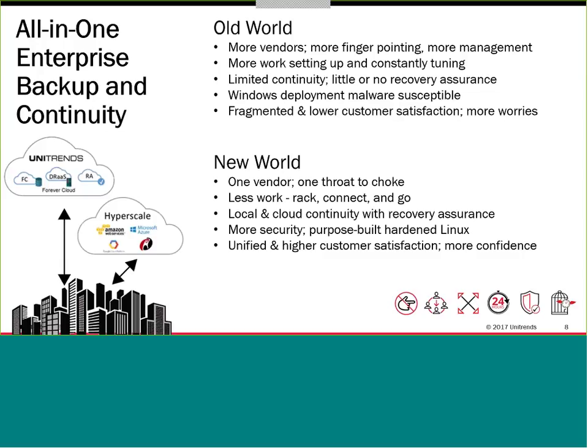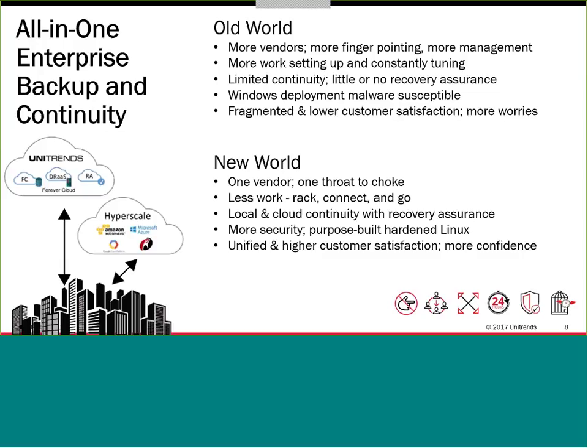More worries. Here's the new world. One vendor, Unitrends, one throat to choke. Let's work. Rack, connect, and go. Like I said earlier, we provide local and cloud continuity with recovery assurance. We'll give you more security, and everything is purpose-built on Linux, so you don't have to worry about all that malware stuff.